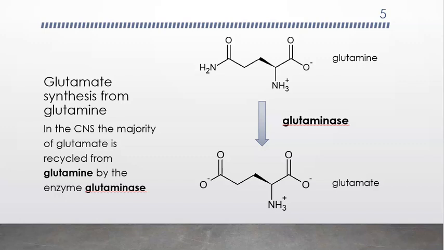When we start talking about how it's broken down, you're going to see it's pretty much the exact opposite. So glutamate is made from recycled glutamine. We'll see how in the reuptake, glutamate will be broken down back into glutamine. So it's this never-ending cycle of glutamine to glutamate back to glutamine, and so on and so forth.